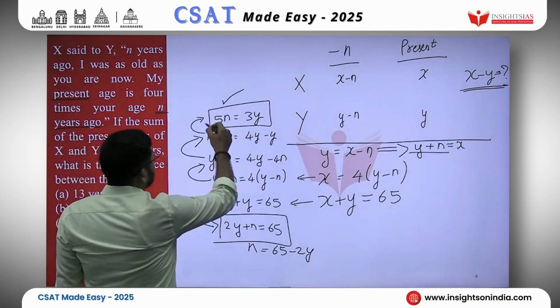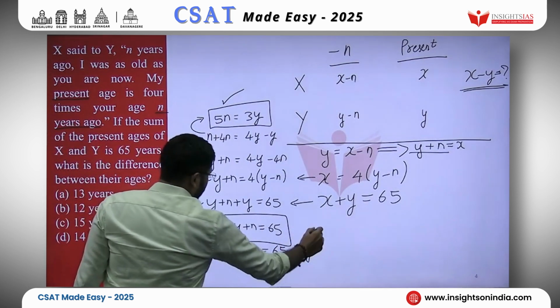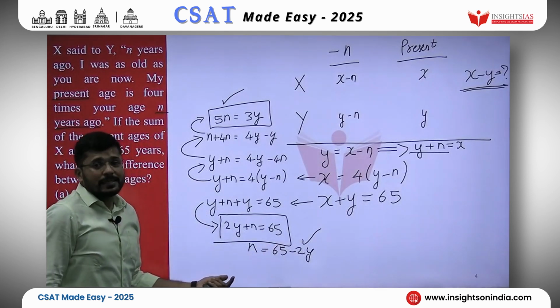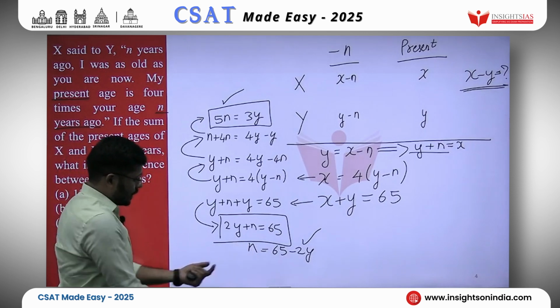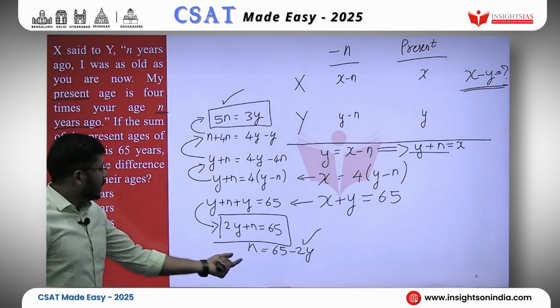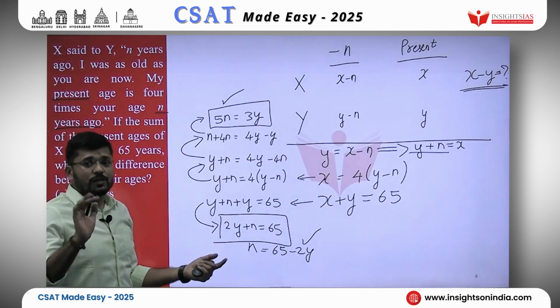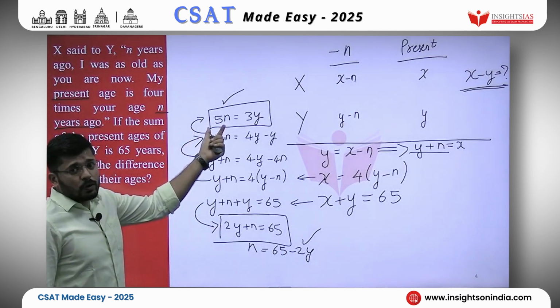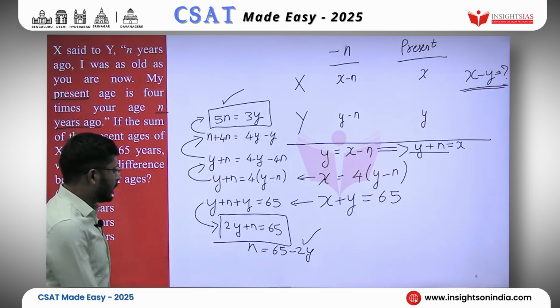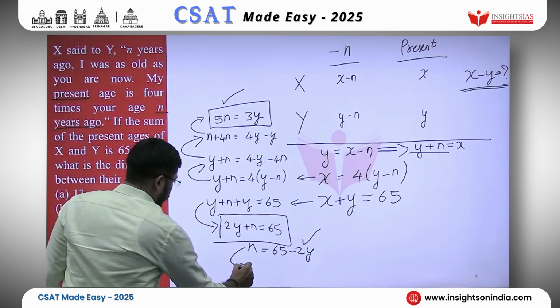Now here it is 5n is equal to 3y and here it is n is equal to 65 minus 2y. The coefficient is 1. If there is no coefficient written, the coefficient is 1. What is the LCM of 5 and 1? It is 5. So here it is already in the form of 5n. We will make this 5n also. How?